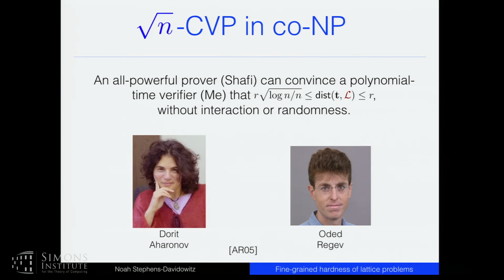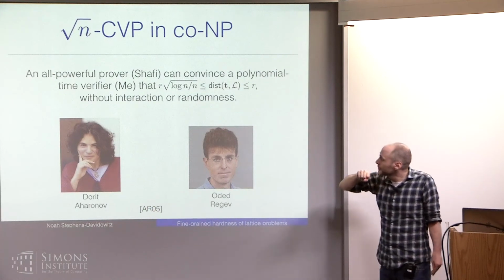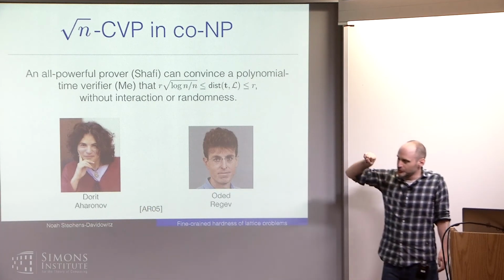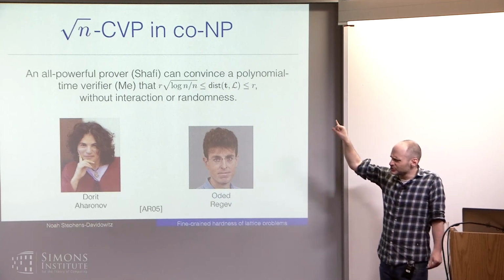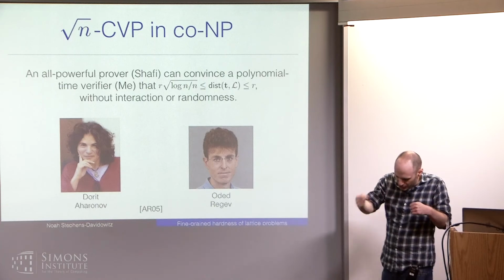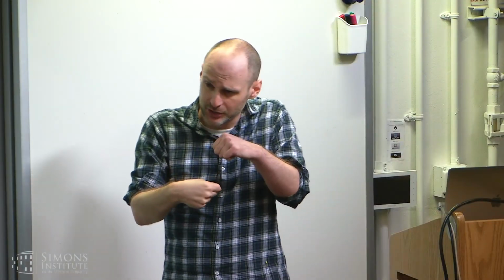So there's a similar upper bound. The result's similar, the proof's not. Oh, I didn't fix the approximation factor here. But Dorit and Oded showed that square root n CVP is in co-NP. So I just showed you co-AM. And the reason that was a co-AM protocol, I didn't even define co-AM, but co-AM involves me talking to Shafi and Shafi responding.